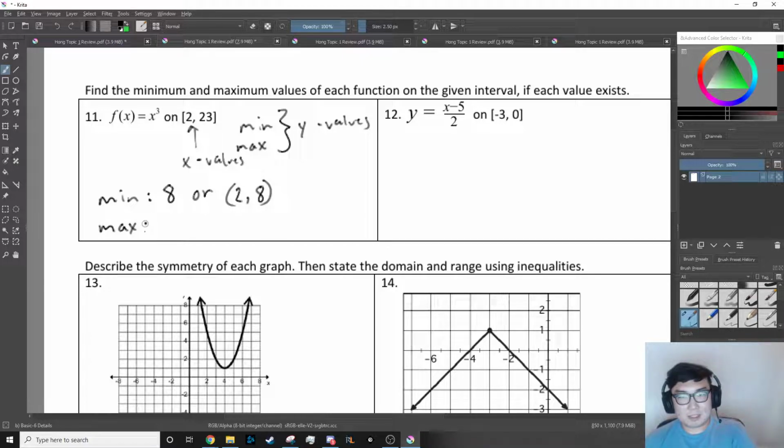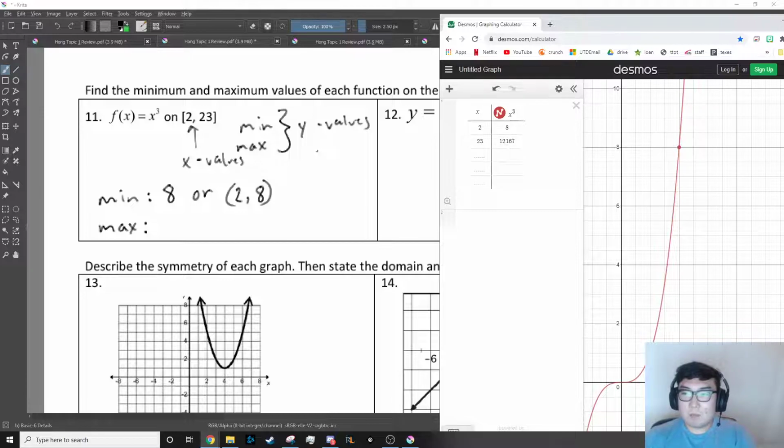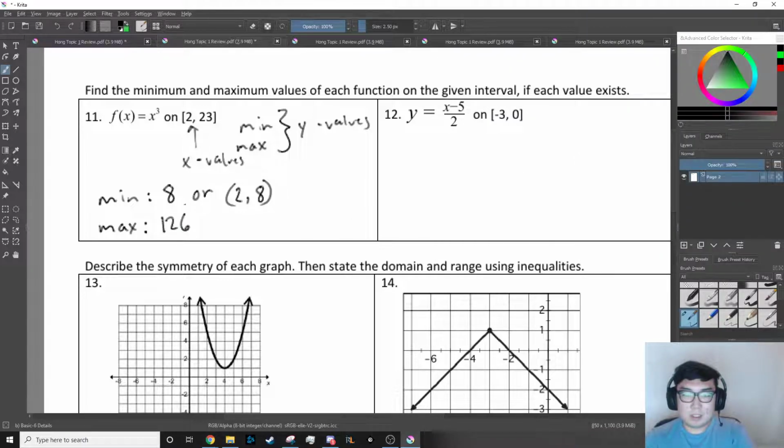And your max is going to be, well, what is 23? 23 is 12,167. Or 23, 12,167. Like so. Not too shabby.